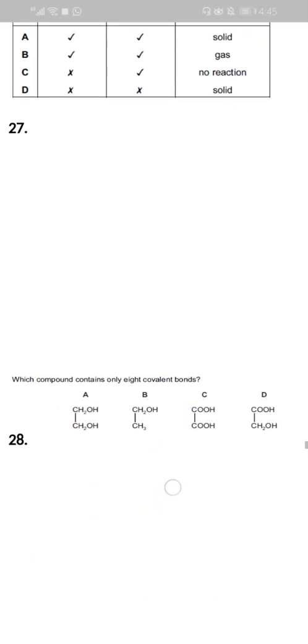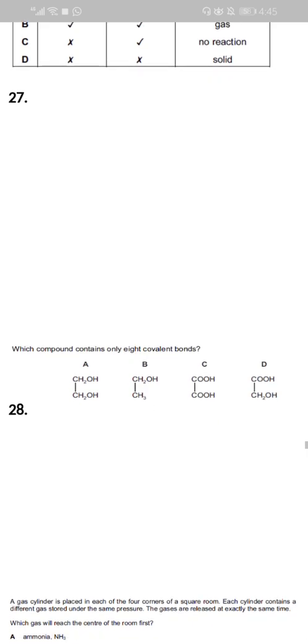Which compound contains only 8 covalent bonds? So I've already explained that whenever two atoms combine, two electrons are shared, and they form one covalent bond. So which compound contains only 8 covalent bonds?